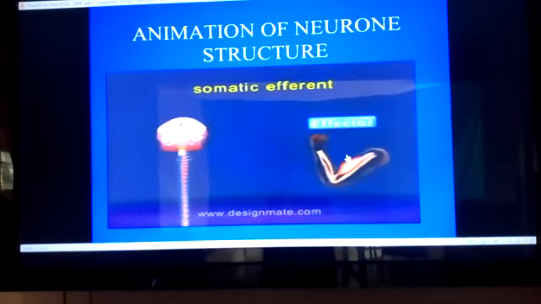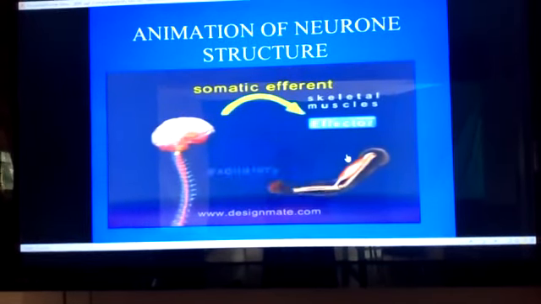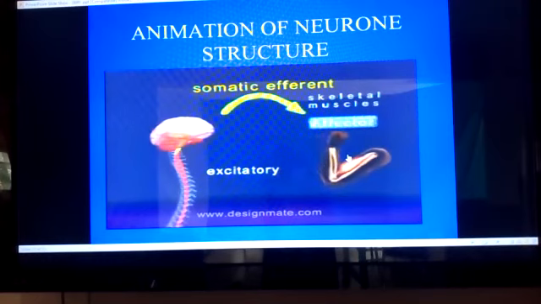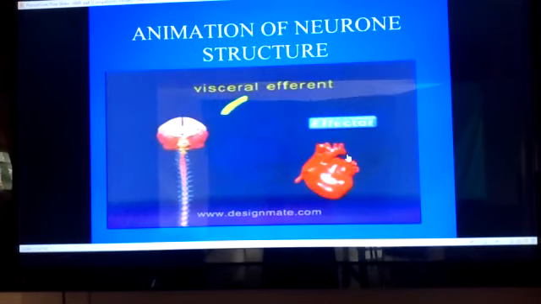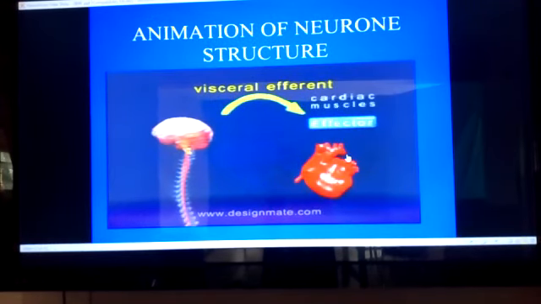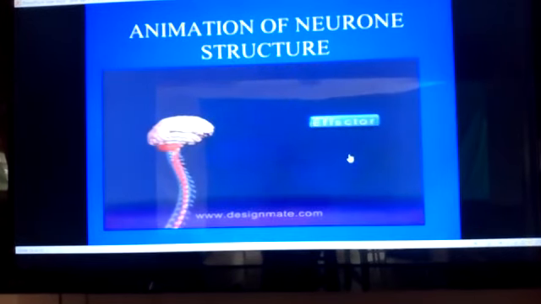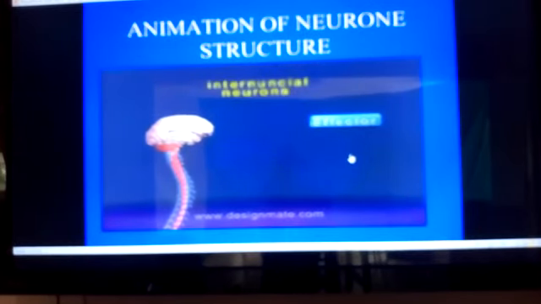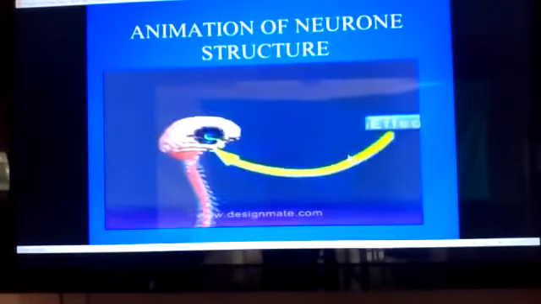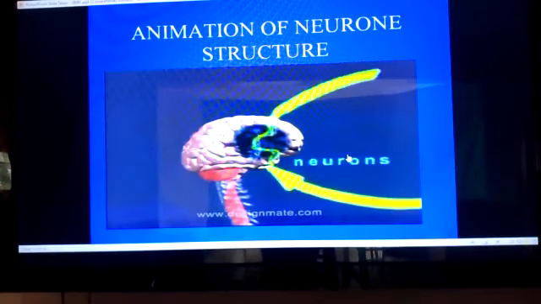Somatic efferent neurons to the skeletal muscles are excitatory. Visceral efferent neurons to the cardiac muscle may be excitatory or inhibitory. Internuncial or association neurons transmit impulses from one neuron to another in the central nervous system.